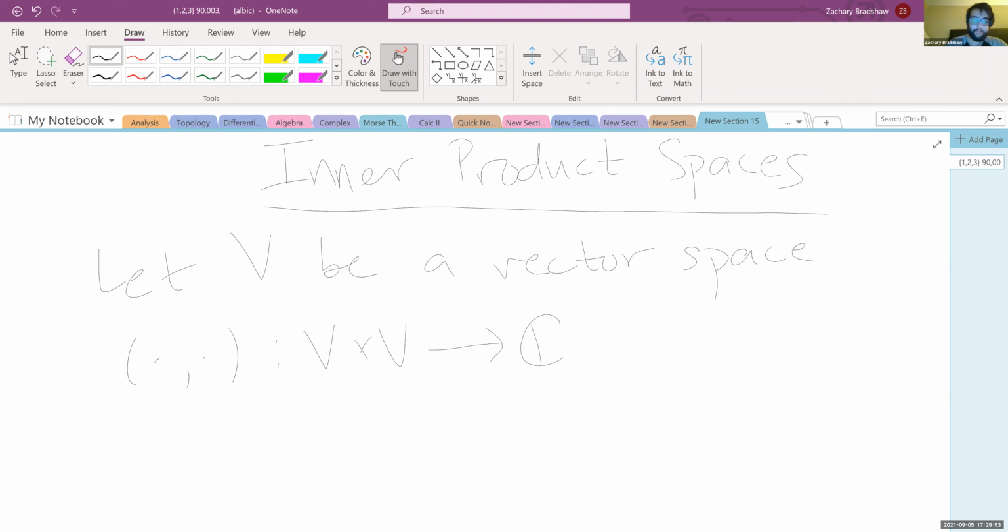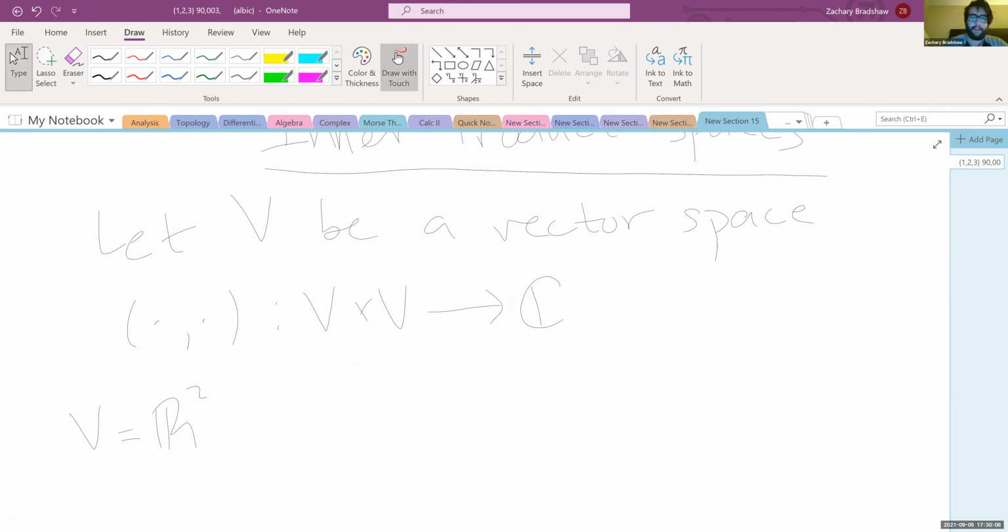Okay, so what it does is, well, you already know one. You already know an inner product. Let's take R2 again. If you've taken calculus, or calc 3, I guess it would be, the dot product.